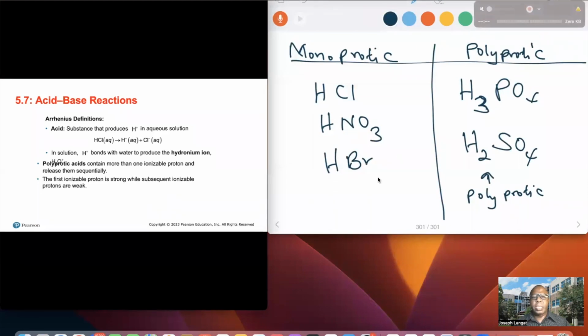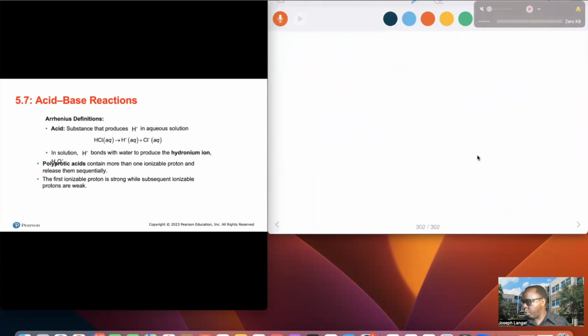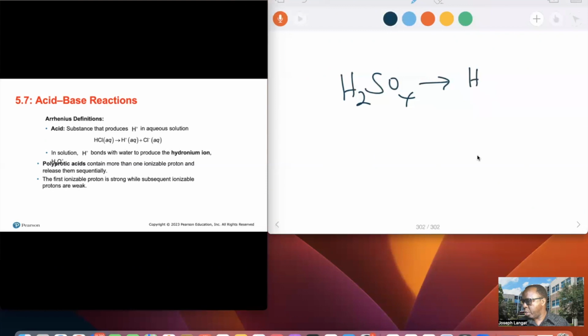Now, in polyprotic acid, the first hydrogen is ionizable, or it can ionize greatly. It can dissociate to a great extent. The first ionization is strong. That means it can easily donate the first hydrogen. The subsequent hydrogen will be so hard to remove. What that means is, if this is sulfuric acid, the first hydrogen will form HSO4 negative plus H plus.